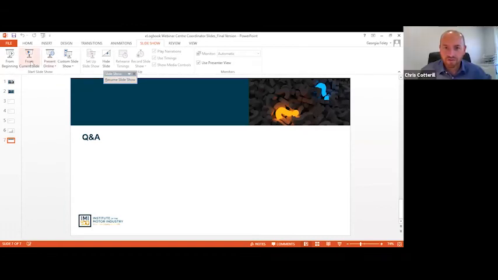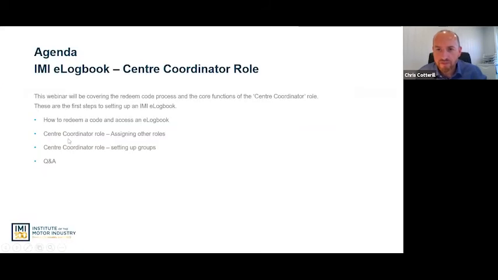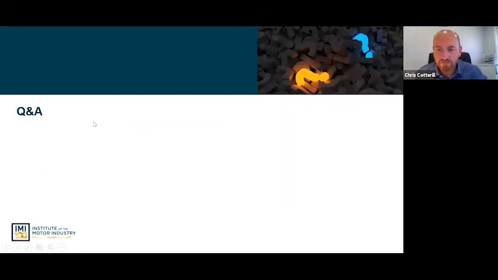Okay, thank you, Elizabeth. There's been quite a flurry of questions coming in, most of which we've been able to manage and answer. The most recent question has just come through from one of our centres already using the logbook.